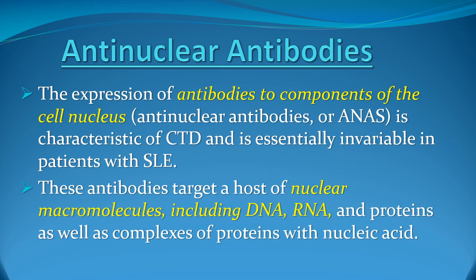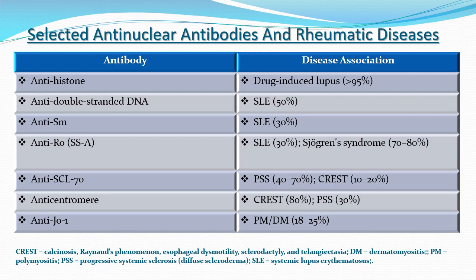And these antibodies might be targeting nuclear components like DNA or RNA or other nuclear or cytoplasmic agents. And this table is a very nice table, and it shows certain rheumatologic diseases and the commonly encountered autoantibodies which are present in them.